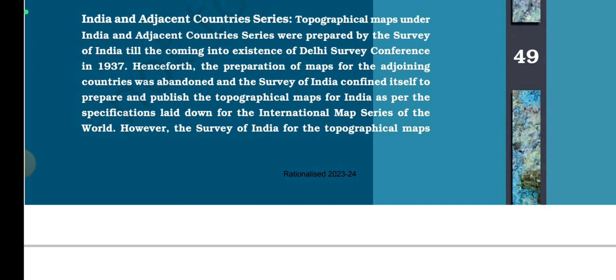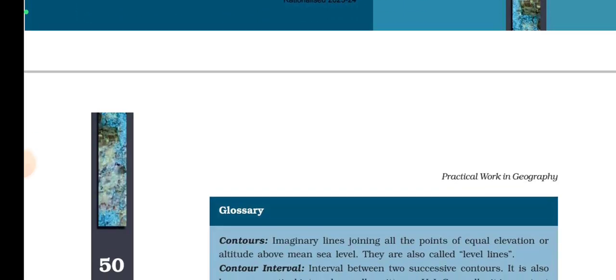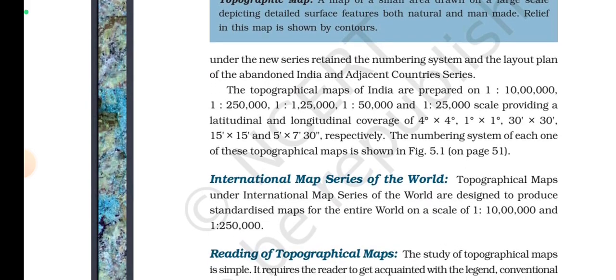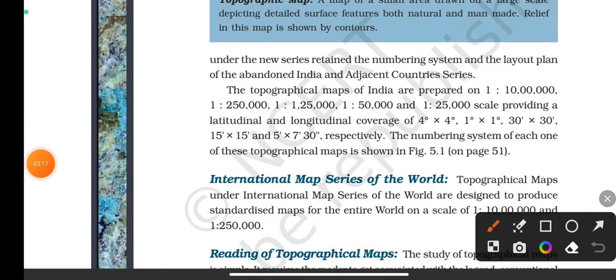Henceforth, the preparation of maps for the adjoining countries was abandoned and the Survey of India confined itself to prepare and publish the topographical maps for India as per the specifications laid down for the International Map series of the world. However, the Survey of India for the topographical maps under the new series retained the numbering system and the layout plan of the abandoned India and adjacent series. So today, India does not produce the map of adjacent countries.